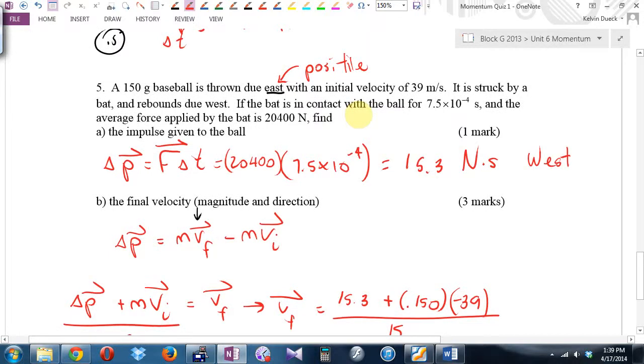Or what I could have done is I could have said, if this is positive, what direction is the force? What direction is the force? In the same direction as the ball is coming in? You've seen baseballs hit. No, you're hitting against it, so I should have called that negative. That would have given me a negative there, and a positive there.